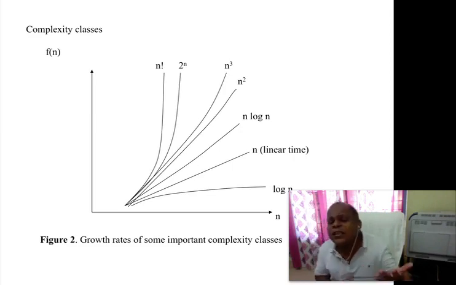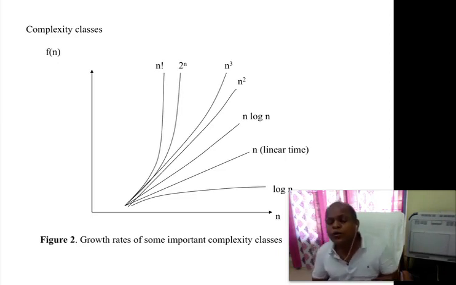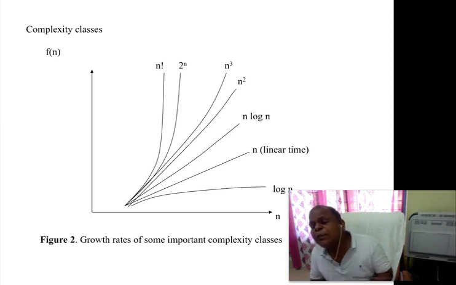Now, why in the slide is it called complex classes? See, log n is a particular function. There are some algorithms or functions whose growth is the same as log n.